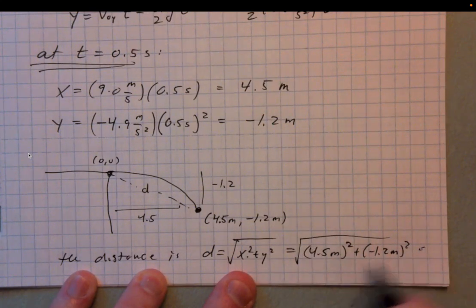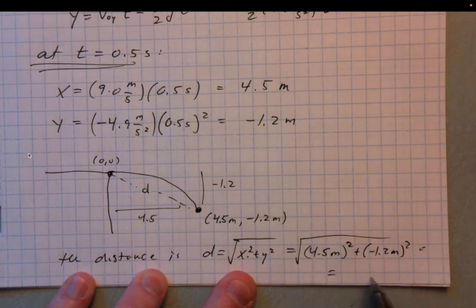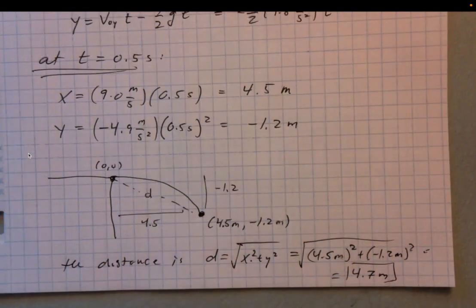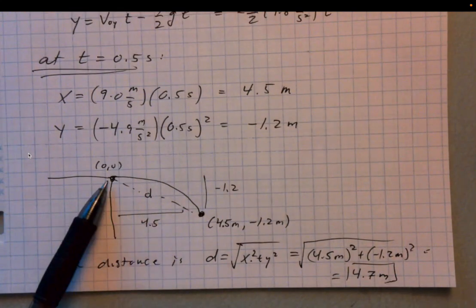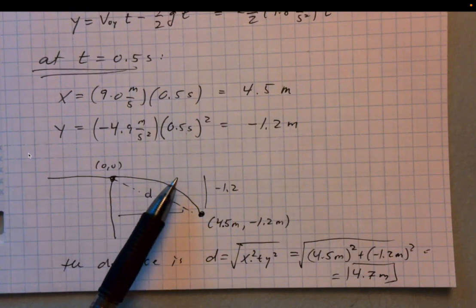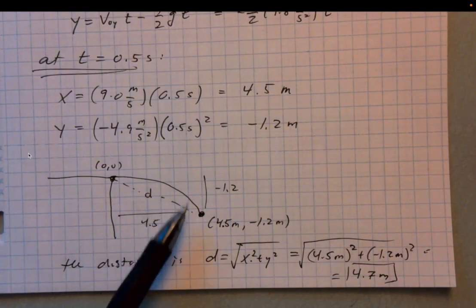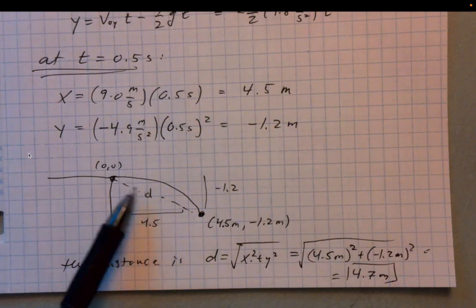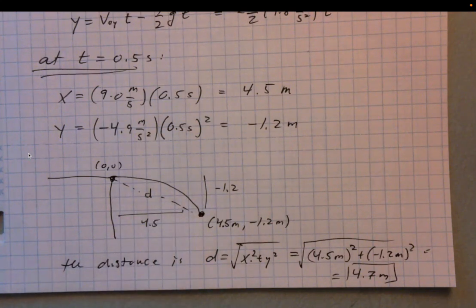Take the square root of that, and when you calculate all of that, it's 4.7 meters. Right? So it's 4.7 meters from the edge of the cliff. The horizontal distance is 4.5, and then some additional distance is needed in the y direction. Okay, so that's the distance.